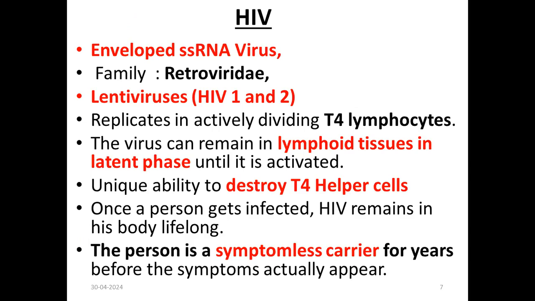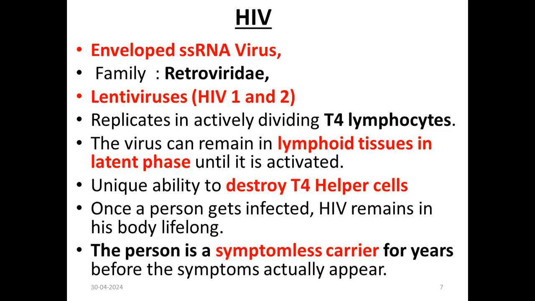The HIV virus is an enveloped single-stranded RNA virus belonging to the Retroviridae family and the lentiviruses. It replicates actively in dividing T4 cells. So T4 lymphocytes are involved. The virus can remain in the lymphoid tissue in a latent phase for a very long time.